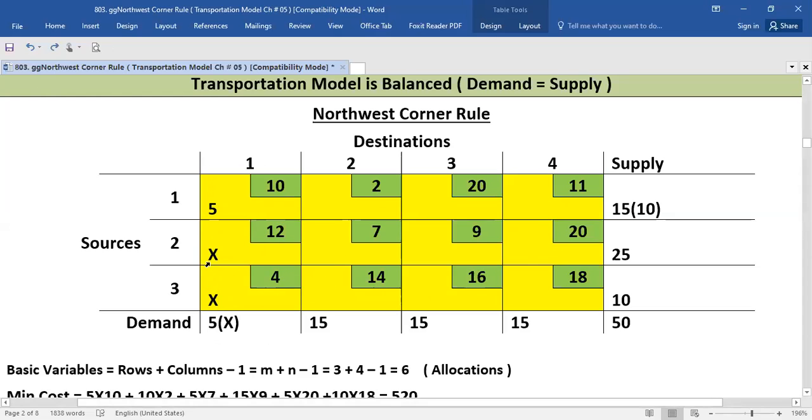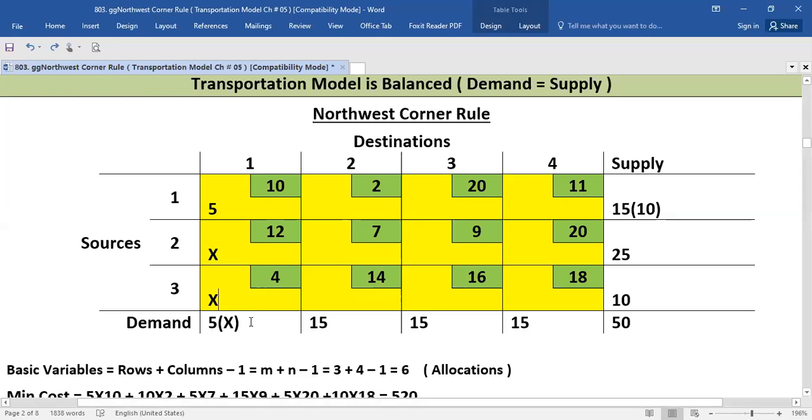You cannot make any allocation in these two blank cells. So whenever you see a cross sign on the column side, you will fill all the blank cells in the column with the cross sign.